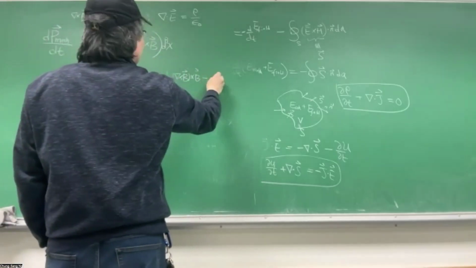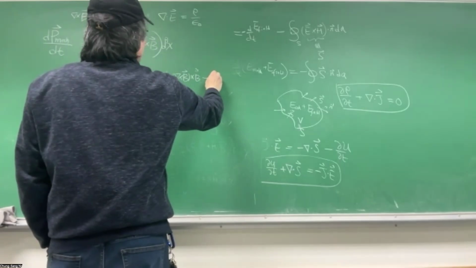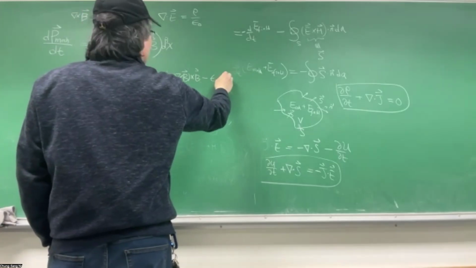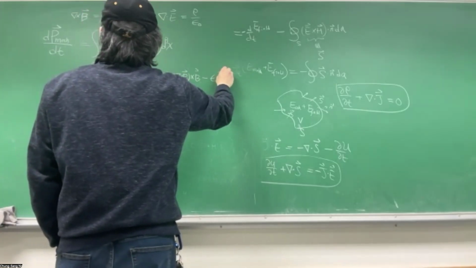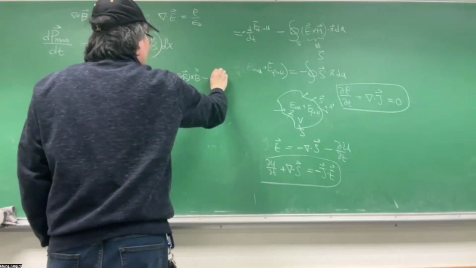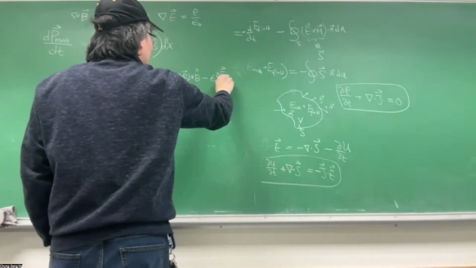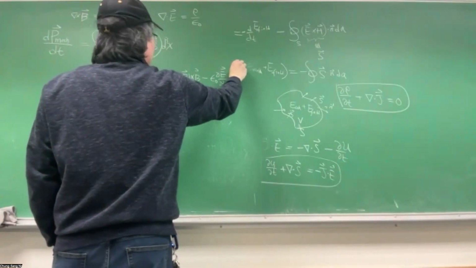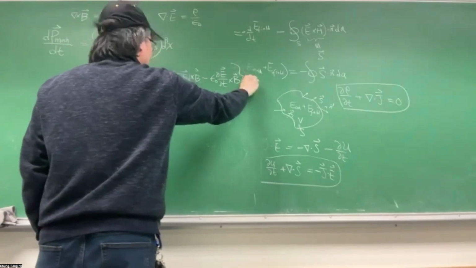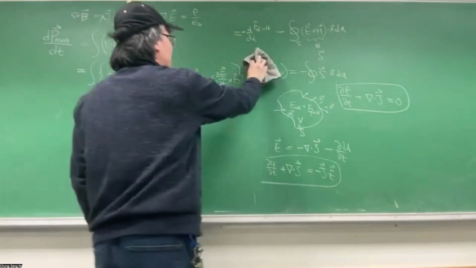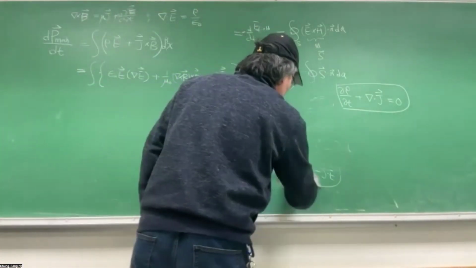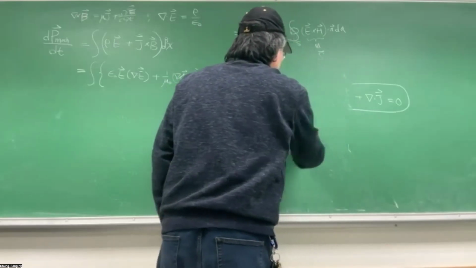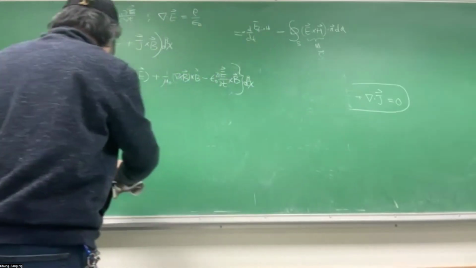So minus epsilon zero, and then partial E partial t cross B, and then finally everything integrated over the volume. Okay.